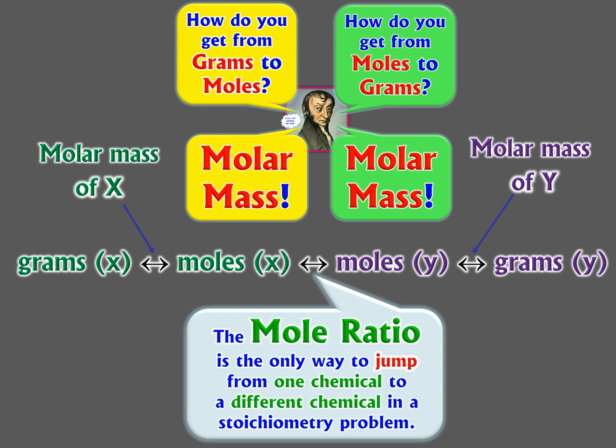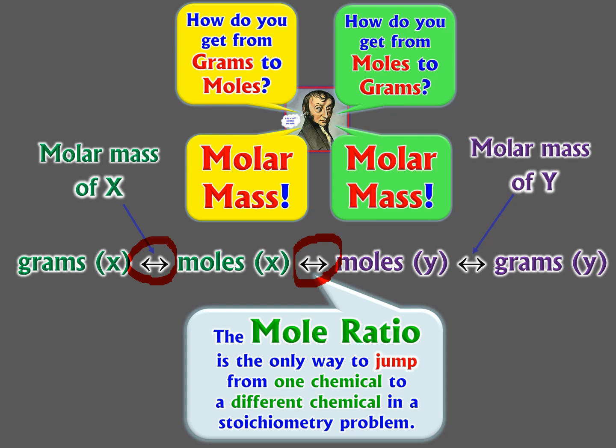So look at the pattern we have. We start off with grams of chemical X, and we use the molar mass of chemical X right here to convert it into moles. Then once we have moles of chemical X, well then we can use the mole ratio to jump between chemicals. That's the middle step. That's kind of the heart of stoichiometry. That step pretty much always happens in a real stoichiometry problem.